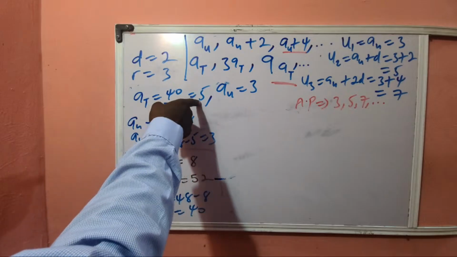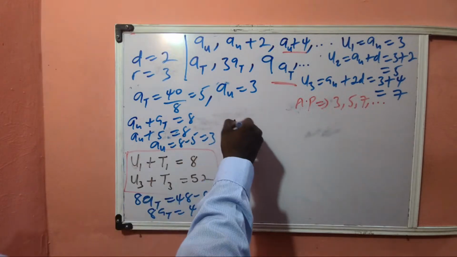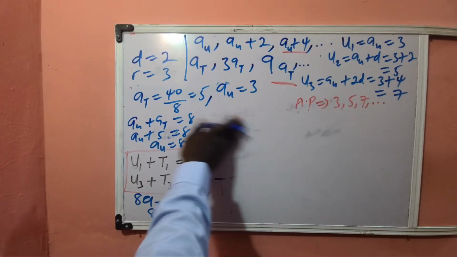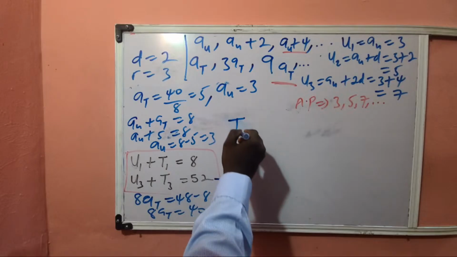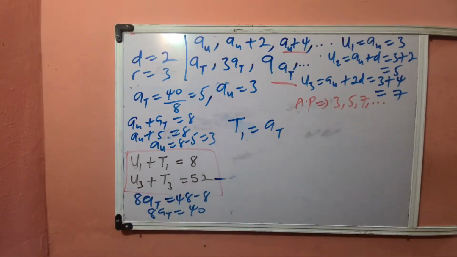My AT was 5, and that was my first term. So this is for the AP. For the GP, I use T. So that will be T1, which is equals to AT, the first term for the GP in this case. I got it to be 5.